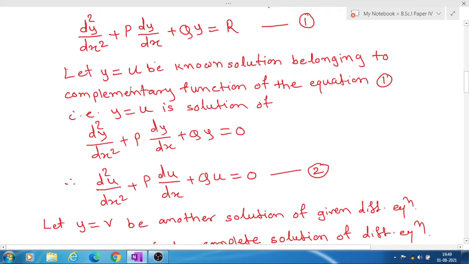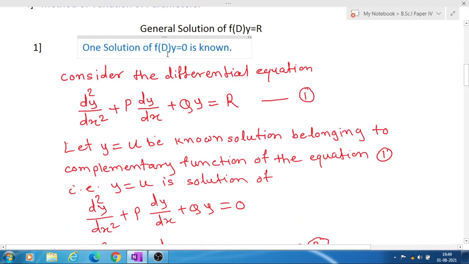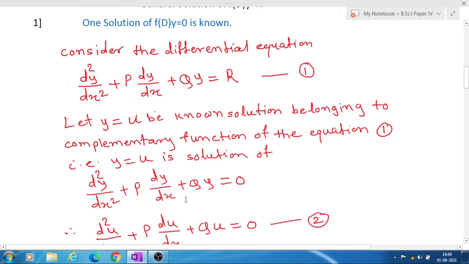Let y is equal to u be a known solution belonging to the complementary function of equation 1. Since we have considered that one solution of f(D)y is equal to 0, f(D)y is equal to 0 means d2y by dx square plus p into dy by dx plus q into y is equal to 0. So the solution of this equation is nothing but the complementary function of this equation 1.